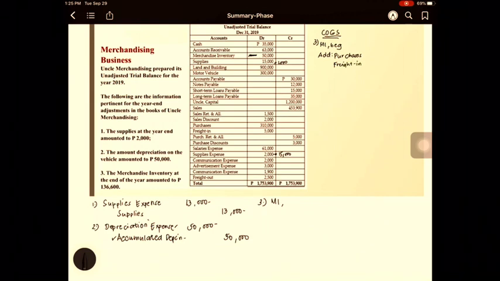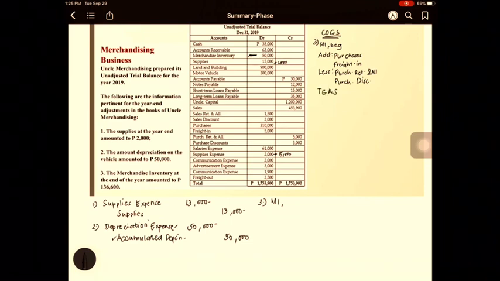Freight in, and of course we deduct your purchase returns and allowances and your purchase discounts, so that we will be able to compute now for the total goods available for sale.